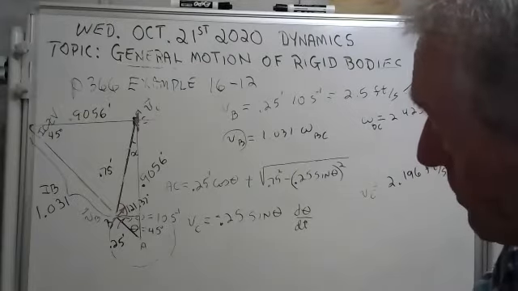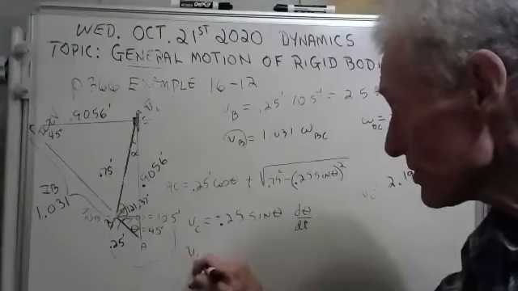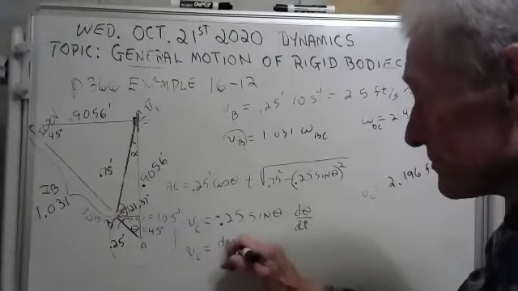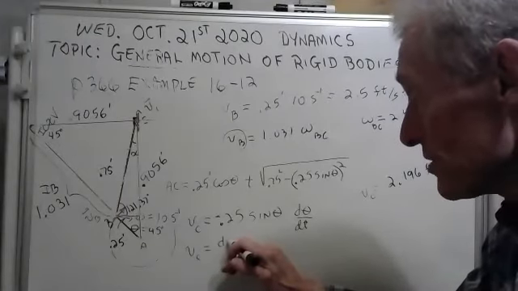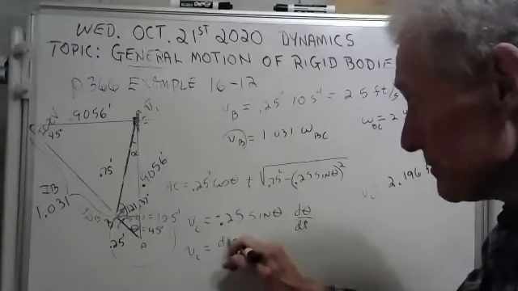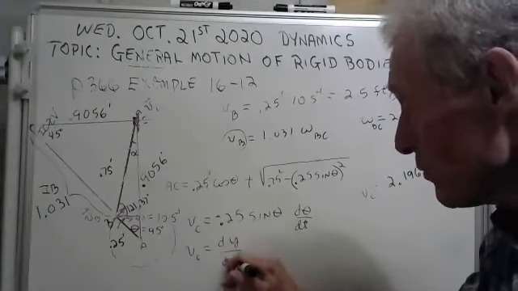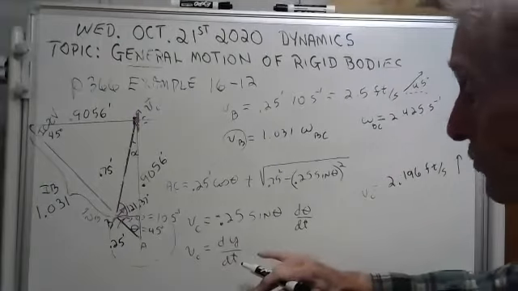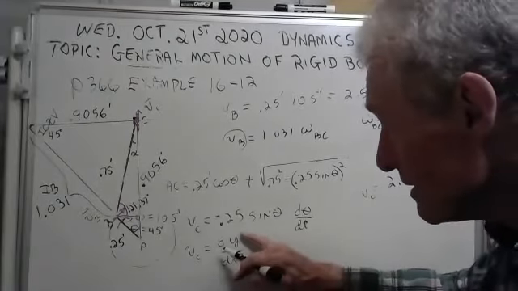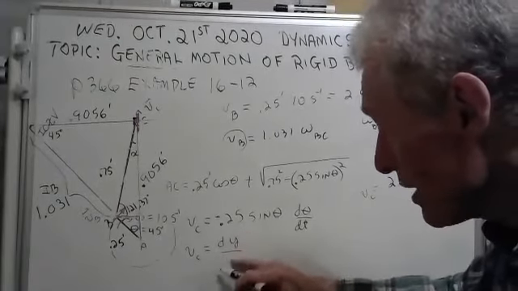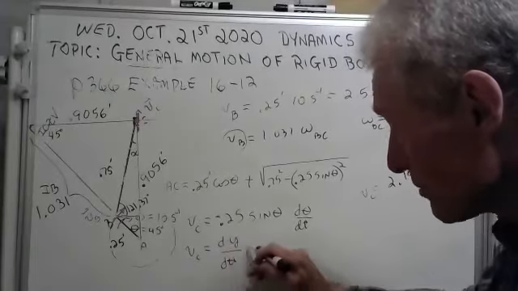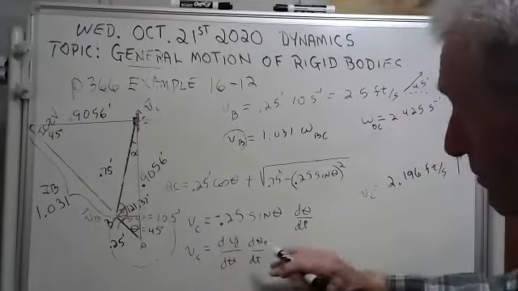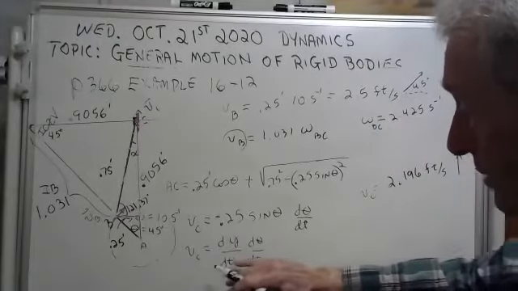The velocity of C is a distance, a y distance with respect to time, not theta. We're not taking derivatives with respect to theta. And so you have to use the chain rule. You know how that goes. You go d theta and then you go d theta dt. They call that the chain rule.